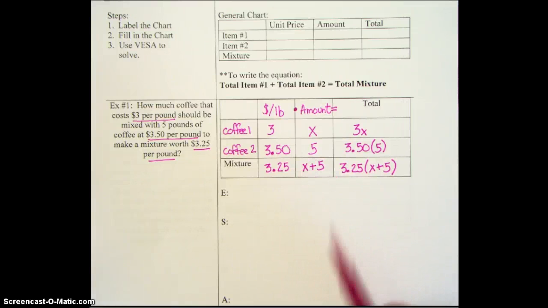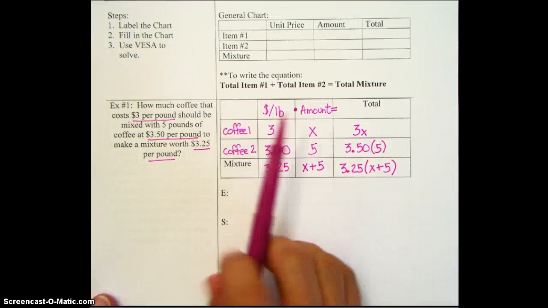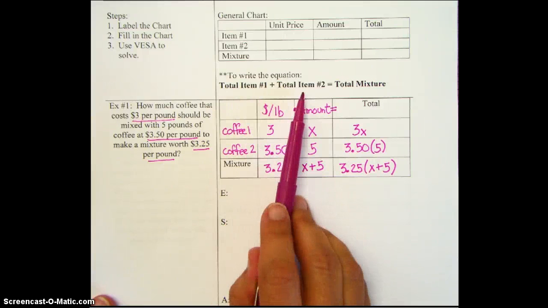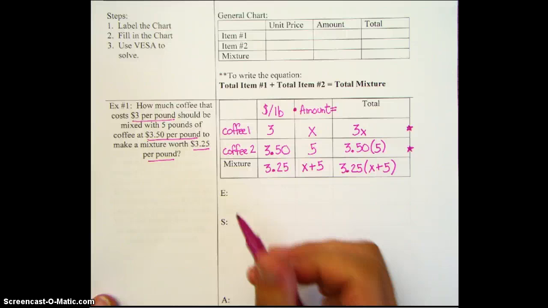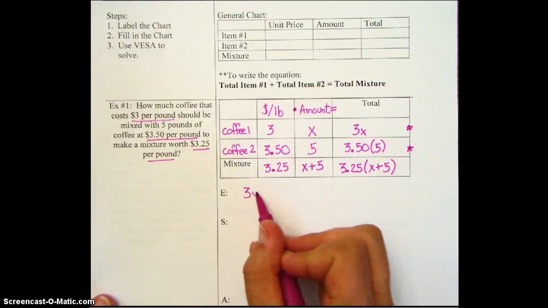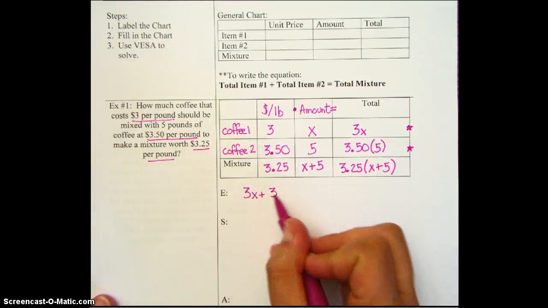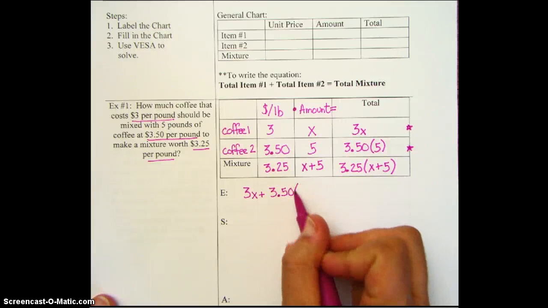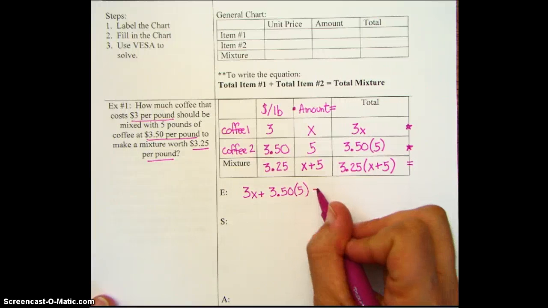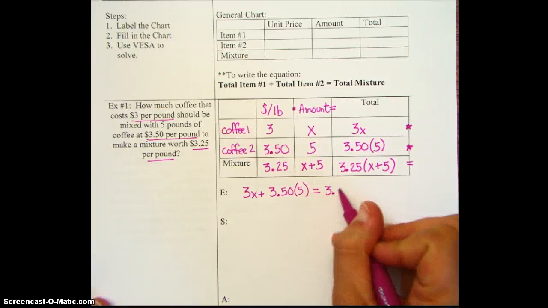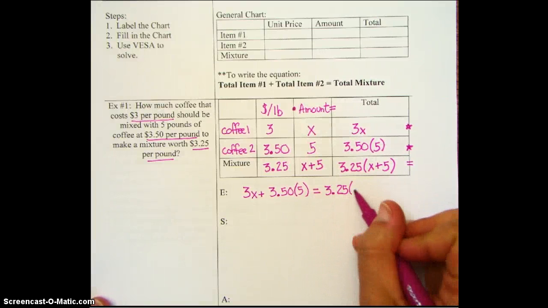as this quantity goes together. To set up our equation, we will do total item 1 plus total item 2. Those are these two boxes. So we have 3x plus 3.50 multiplied by 5, and we're going to set it equal to the total mixture. So we're going to set it equal to 3.25 multiplied by the quantity of x plus 5.